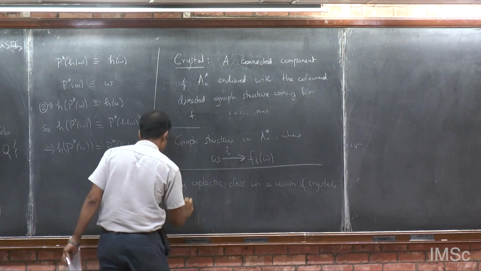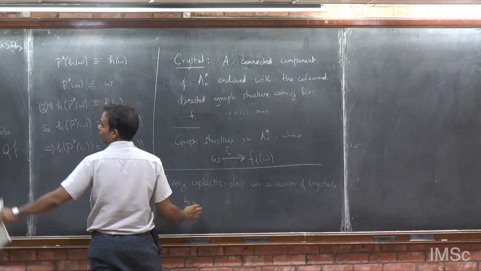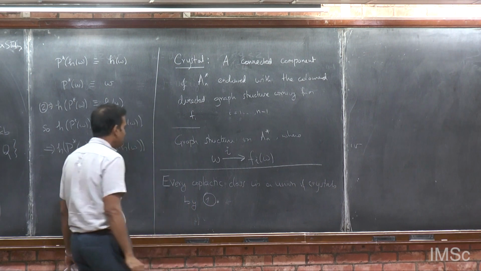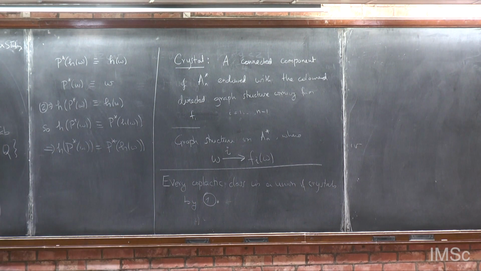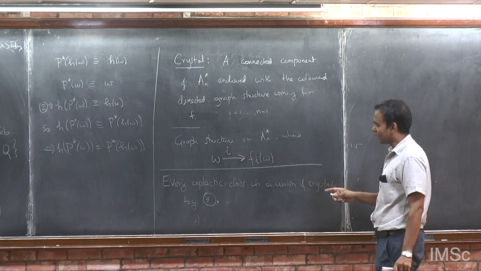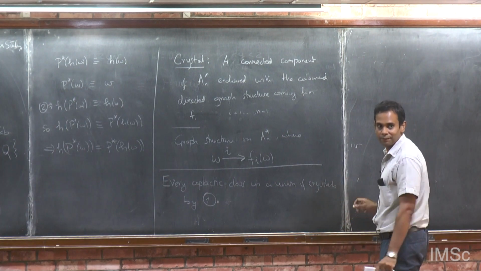By this one, because if you apply a crystal operator, the Q star does not change, so you remain in the same coplactic class. But in fact, the theorem is that every coplactic class is a single crystal.